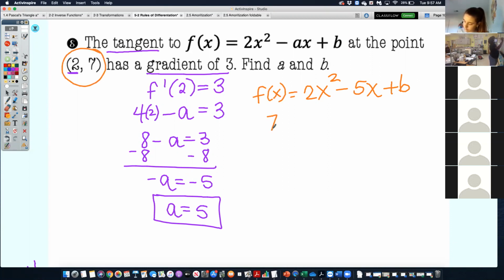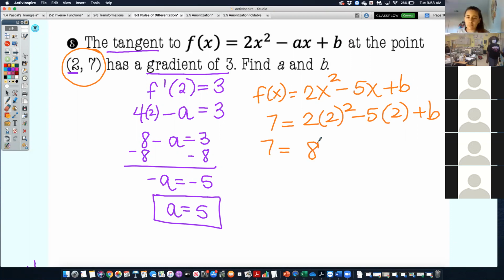I can plug in 7 for my y and 2 for my x to find the value of b. 2 squared times 2, negative 5 times 2. What's 8 minus 10? What's the value of b?